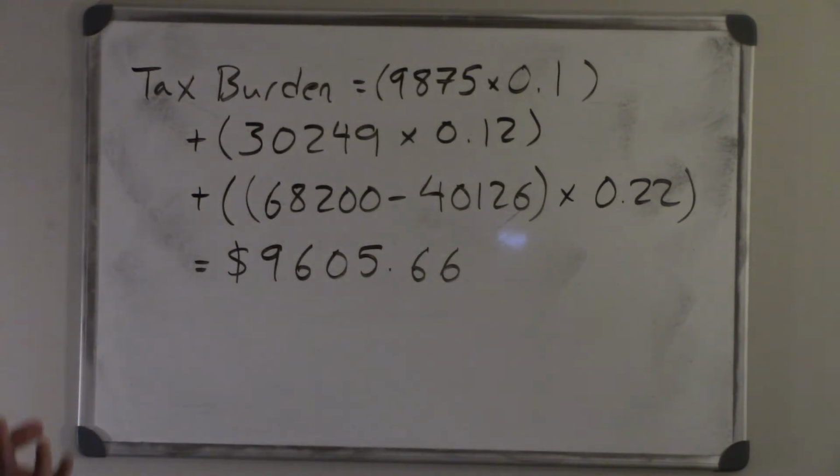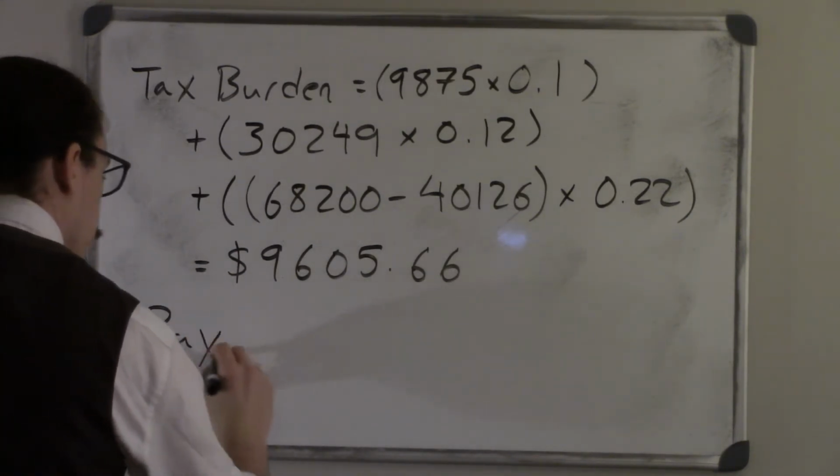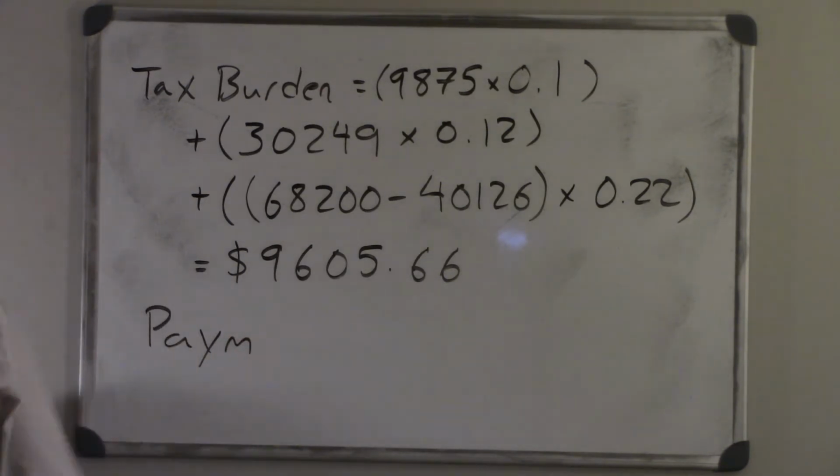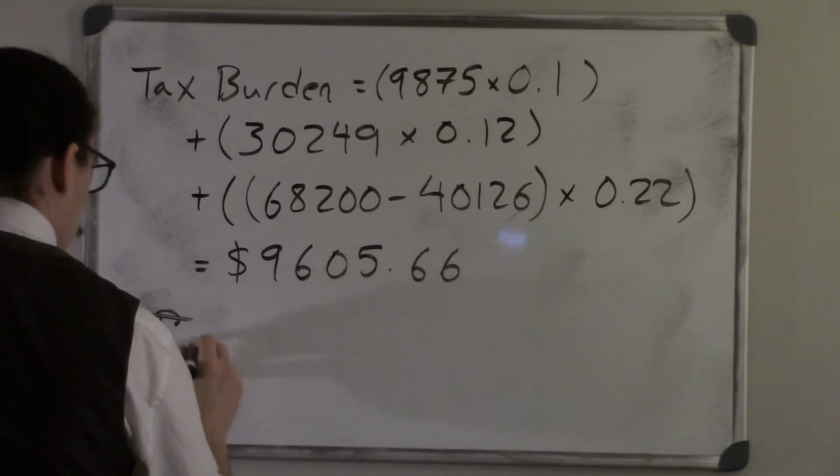All right, so that's our tax burden. We would then go on to look for our tax payment. In this case, we didn't have any credits. I didn't state any credit. So in this case, the tax burden and the tax payment are equivalent, because if we don't have any payments, that's just how that works.